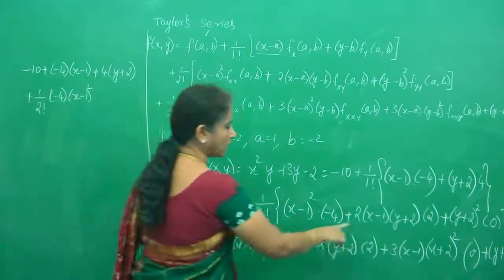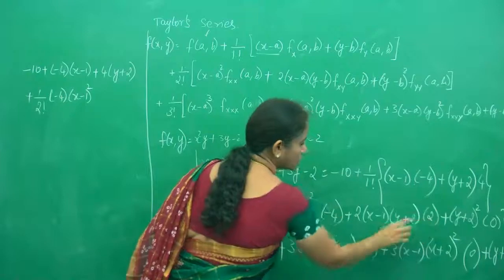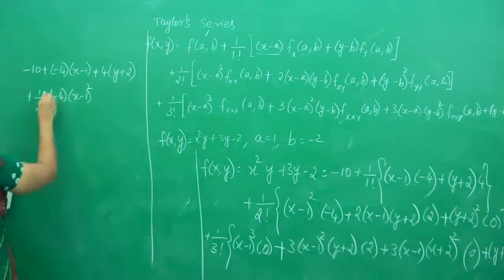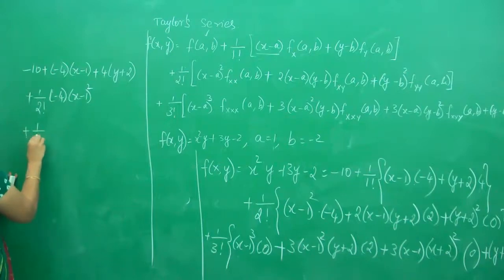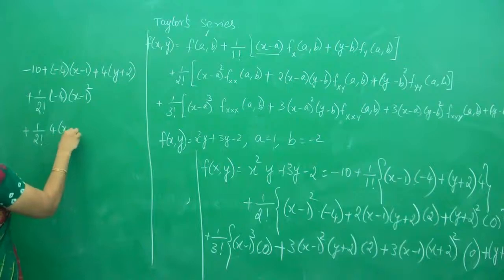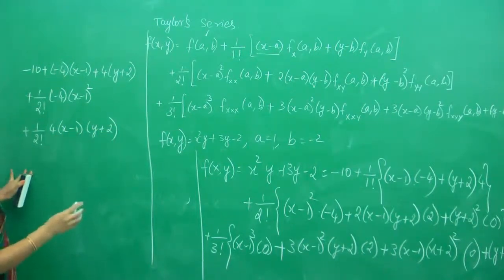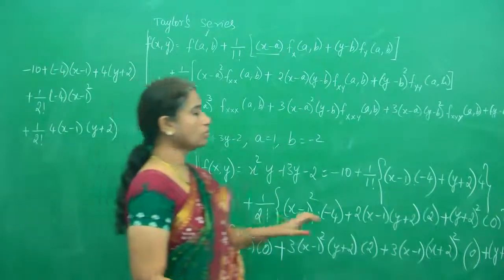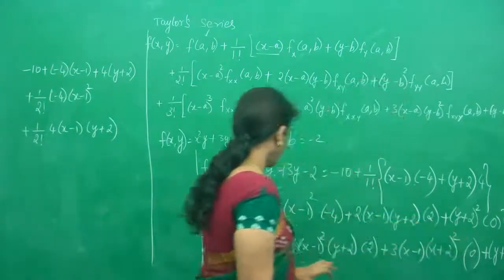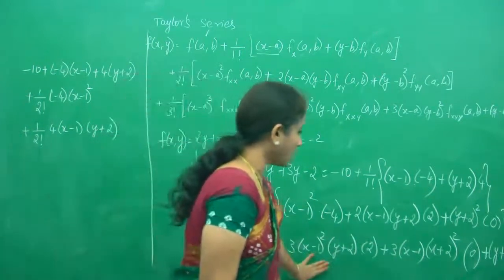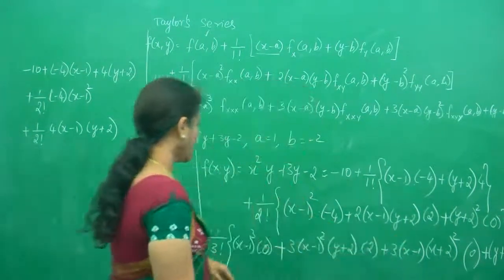Okay. So the next term is 2 into 2 is 4 into x minus 1 into y plus 2. Plus 1 by 2 factorial into 4 into x minus 1 into y plus 2. I am just multiplying and leaving it, that's all. Next term is 0, so no need to write. And coming to this line, this part is 0, no need to write. Only this part I have to write. Other two parts are 0.